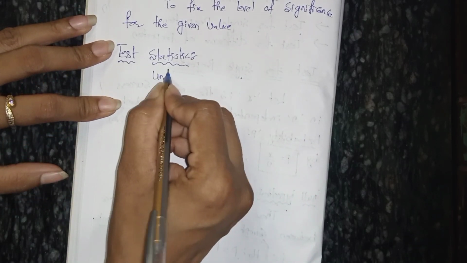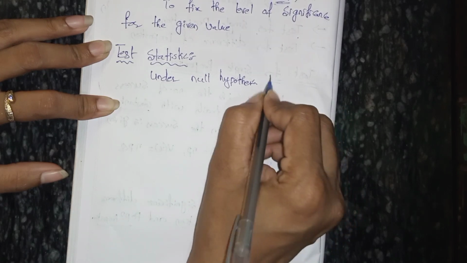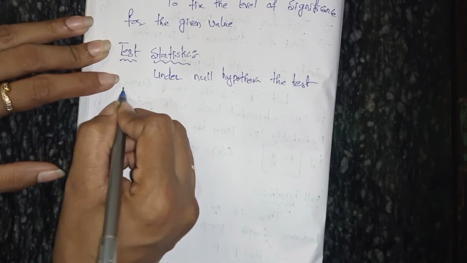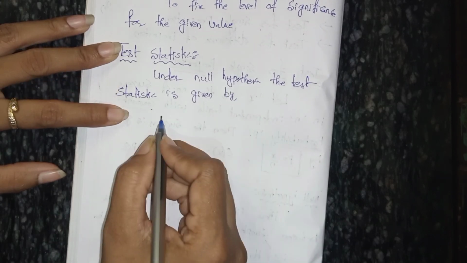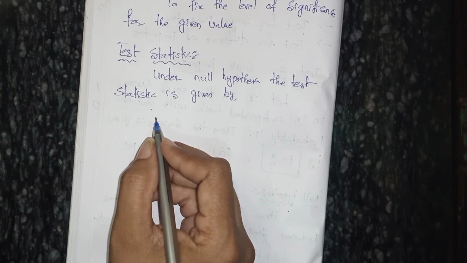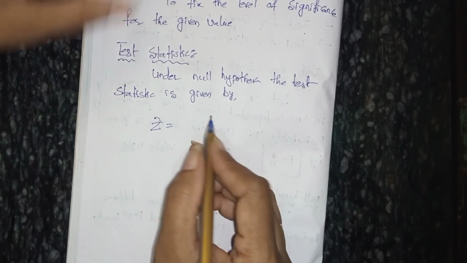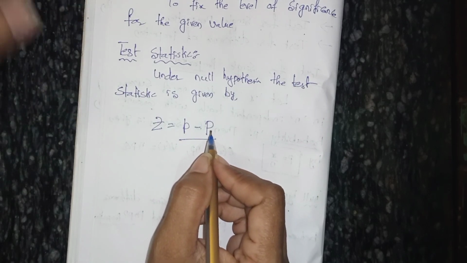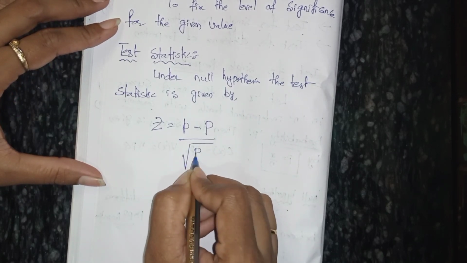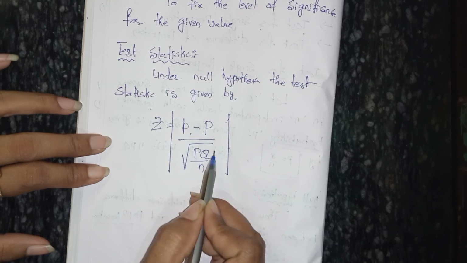Under the null hypothesis, the test statistic is given by, as we know that a large sample always follows normal distribution, so the formula is Z equals small p minus capital P by square root of PQ by n.